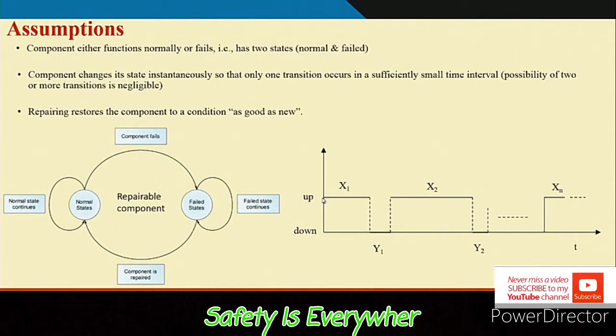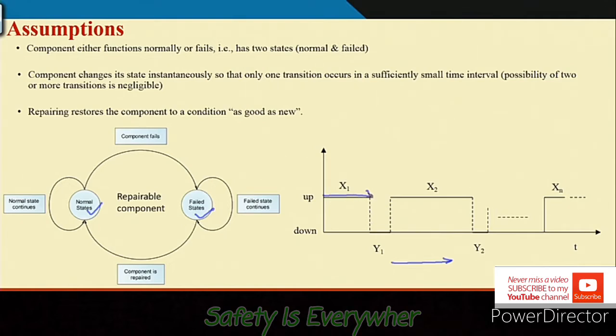This is known to you, I have discussed it earlier. The component will be either in the normal state or the failure state. If it is in the normal state, it continues in the normal state, or there will be a transition from the normal state to the fail state. When it is in the fail state, it continues to be in the fail state, and once it is repaired, it goes to the normal state. So this is a two state system, shown on the time axis like this. Component up means it is in the normal state.